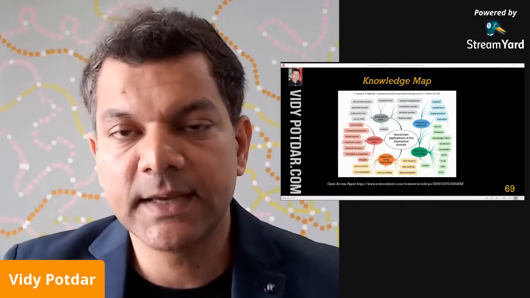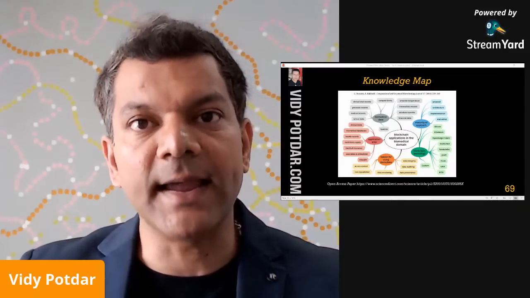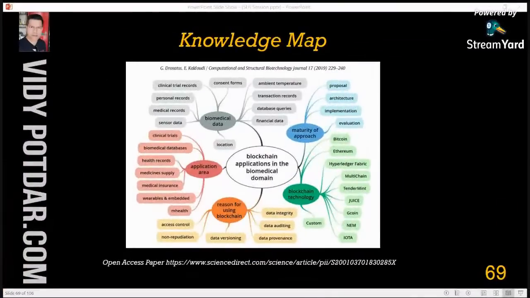By doing that, you start coming up with these broad areas. And as you read more and more papers, you can then refine this list till you reach a final knowledge map. And this knowledge map is a very useful outcome of your systematic review.